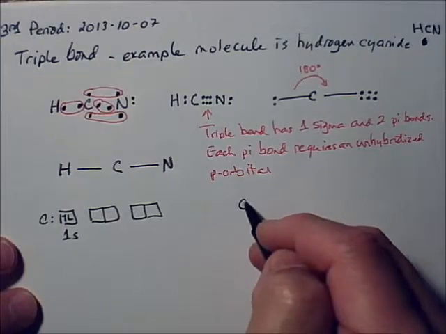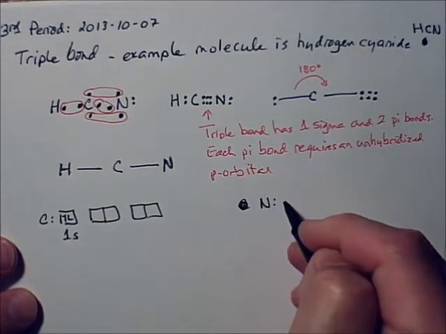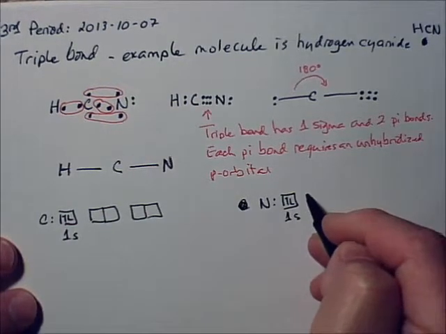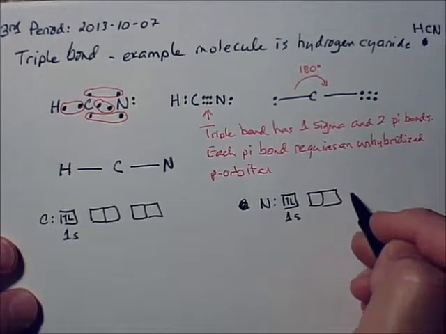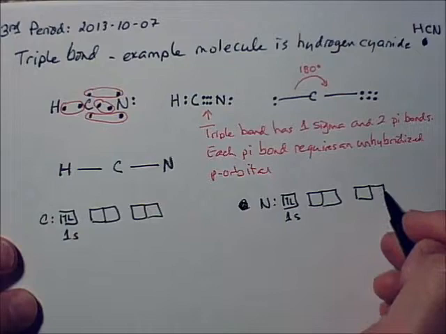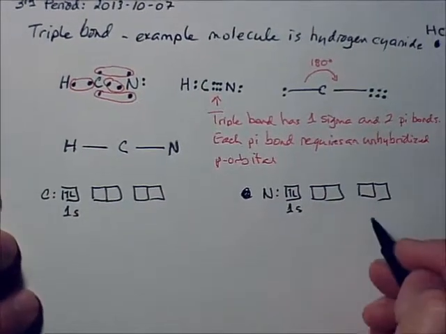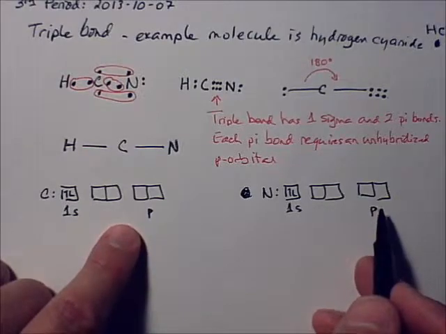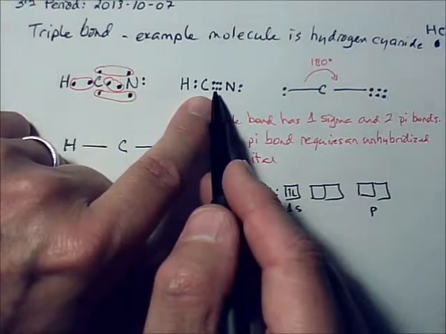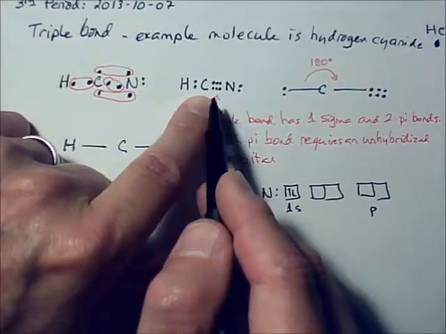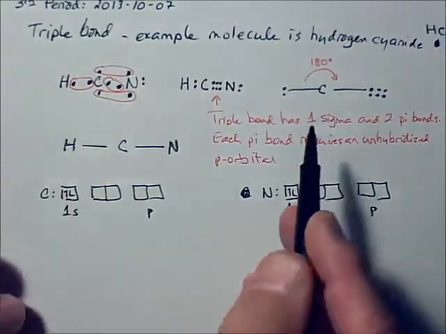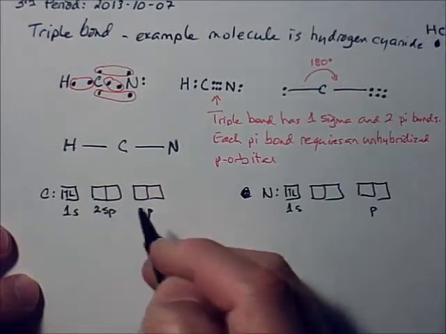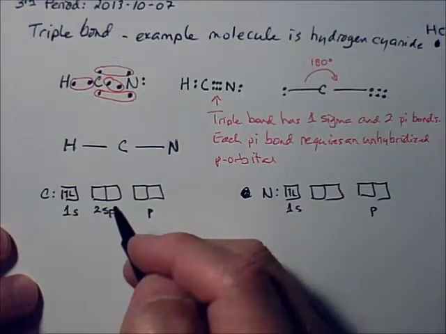The nitrogen has an S and P that are hybridized and 2 P's that are not hybridized. You have to have 2 p orbitals that are not hybridized for each of the pi bonds that we have to form. You can only have 1 sigma bond, you have to have 2 pi bonds. Alright, so this is an sp because we're only hybridizing 1 s and 1 p orbital.